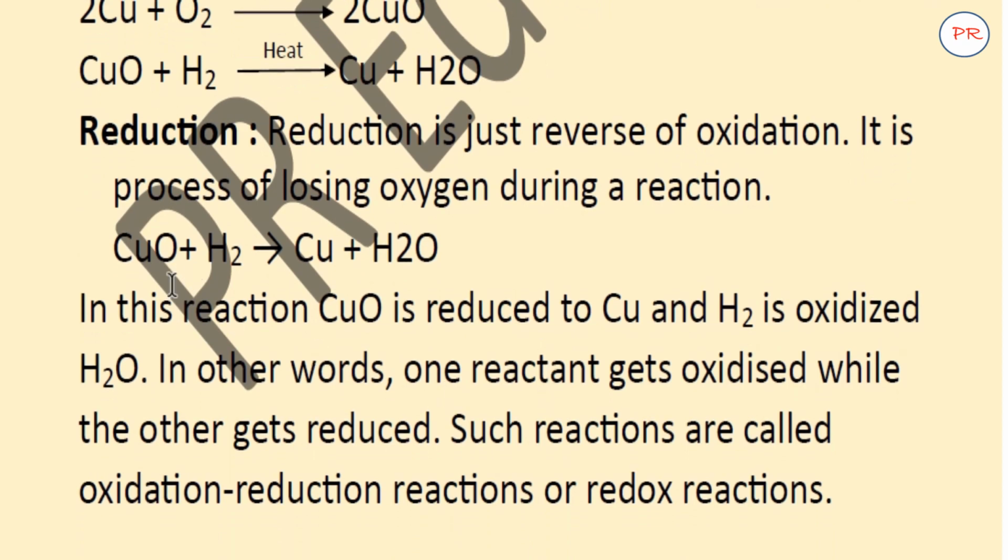But whenever we talk about CuO plus H2, both the things are taking place simultaneously. For example, copper oxide is reduced, whereas hydrogen undergoes oxidation. Therefore, this is called a redox reaction. Oxidation and reduction are taking place simultaneously. So these are very important reactions which you are supposed to prepare from the exam point of view.